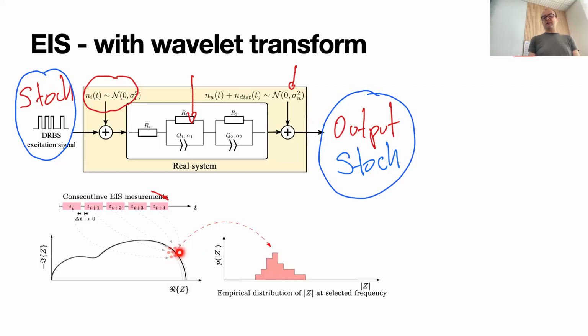How big this spread is will depend on the properties of the input signal, the properties of the output signal, and most importantly, the properties of the system. So today, I'm going to show you that it's not a problem to have such a stochastic concept, but it is actually beneficial, and we can use these uncertainties to our own advantage.